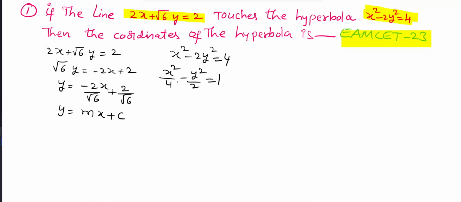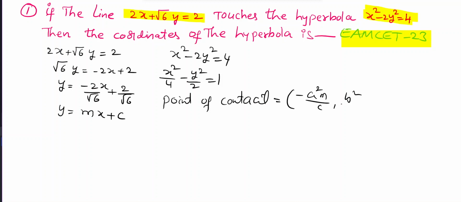So the touching point, that is the point of contact, is (−a²m/c, −b²/c). This is the formula.